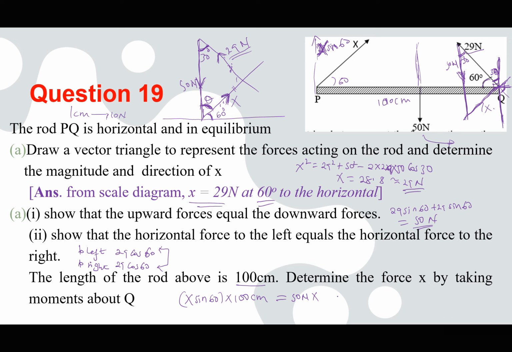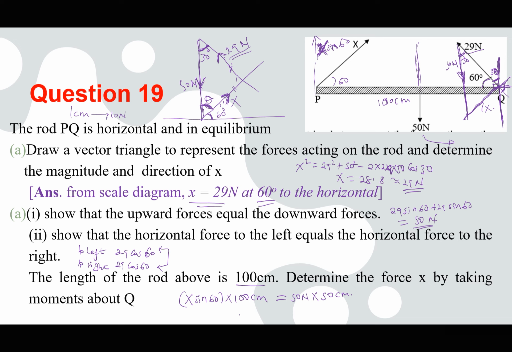Of course, 50 was at the center. If 50 is at the midpoint, this is going to be 50 times 50 centimeters. 50 is the weight of the rod, which is acting at the midpoint.